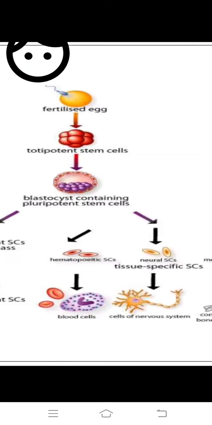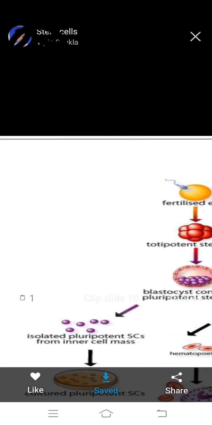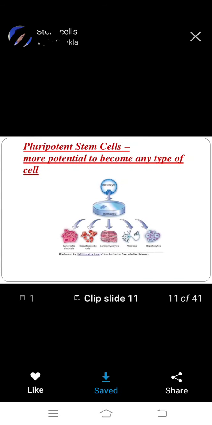Okay. Next, first one is pluripotent. Pluripotent stem cells have more potential to become any type of cells.